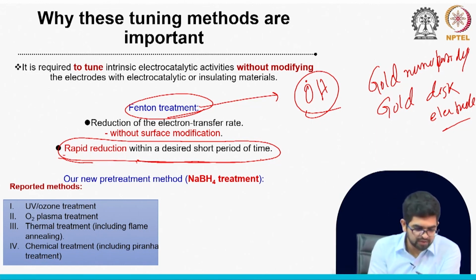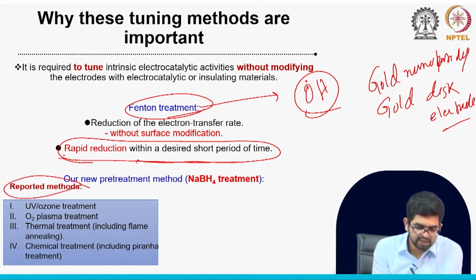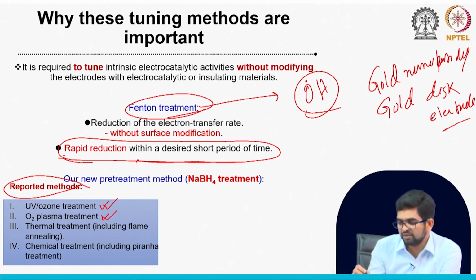So I am going to tell you there are some other treatment methods still available, like UV ozone treatment or O2 plasma treatment. If you go for this kind of plasma treatment, it also can enhance the catalytic activity. But why can it enhance? Because the O2 plasma can remove all the organic contaminant from the surface.